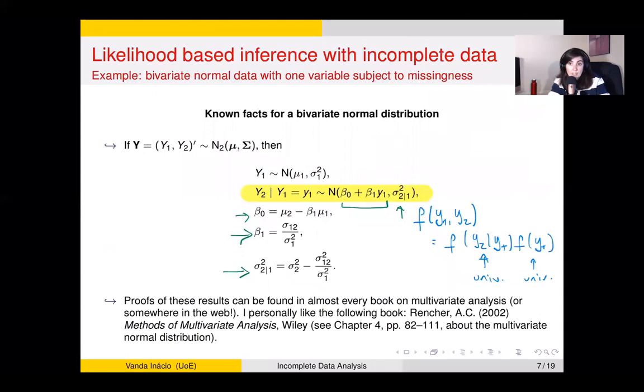I know that mu1 is mu1, sigma 1 is sigma 1, so they share these two parameters, but then I have written beta 0, beta 1, and sigma 2 given 1, the variance of the conditional distribution, and all of these parameters are a function of the parameters that are in theta.